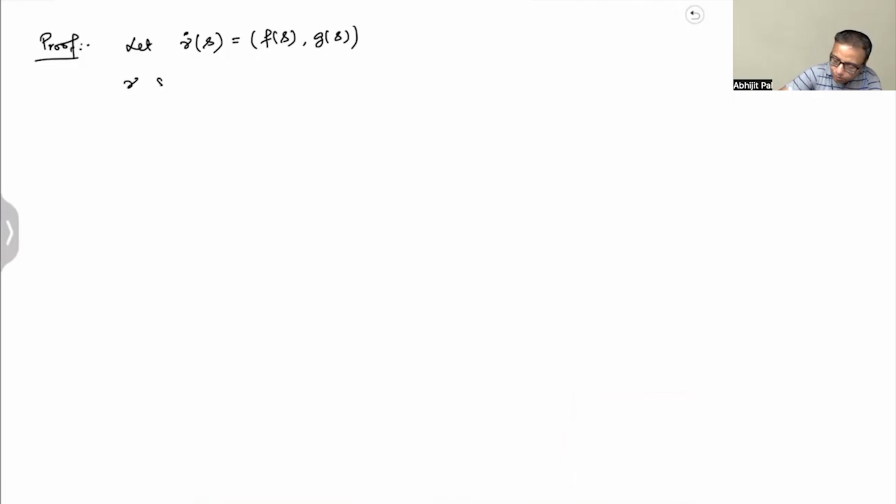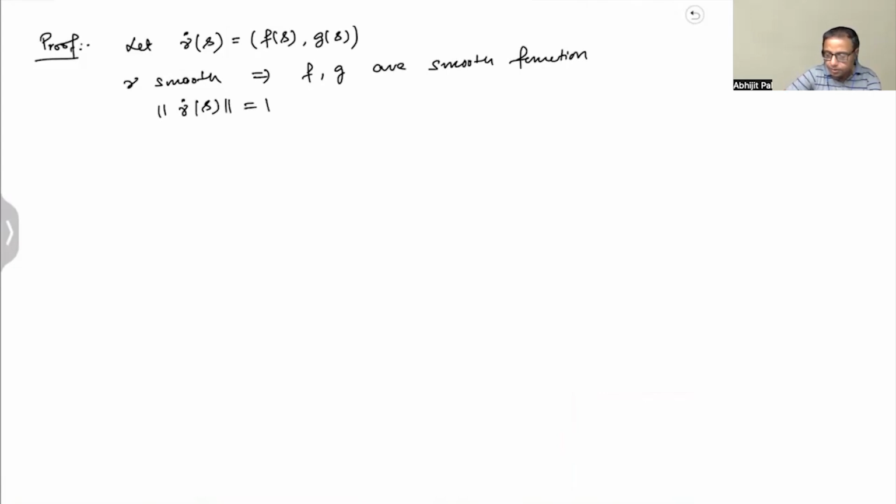So gamma smooth implies F, G are smooth functions, and norm of gamma dot s is equal to 1 means the square of the norm will again be equal to 1.